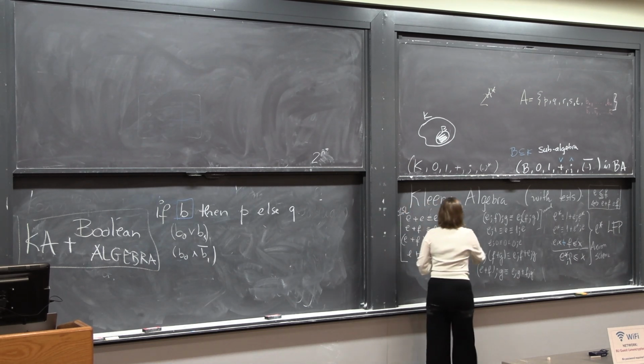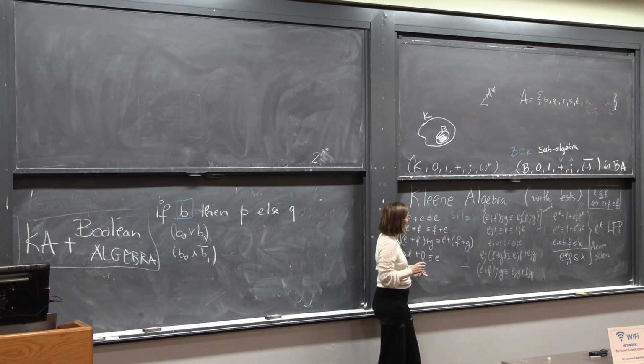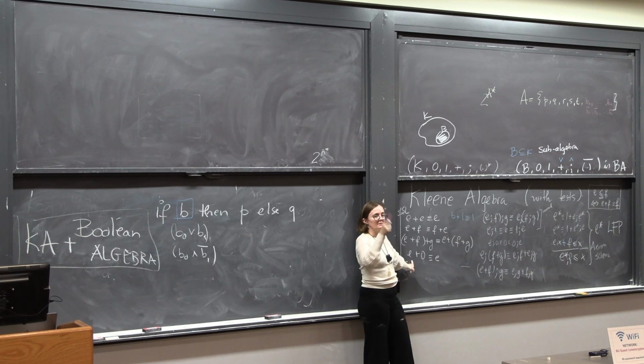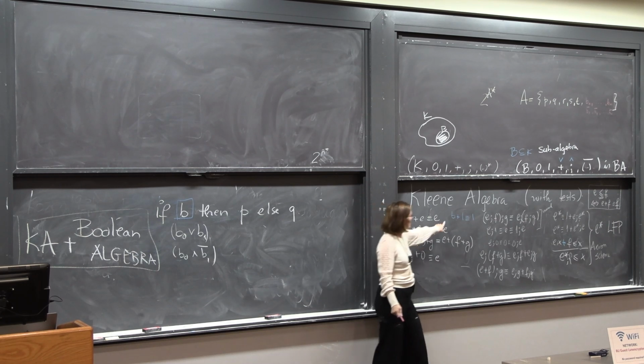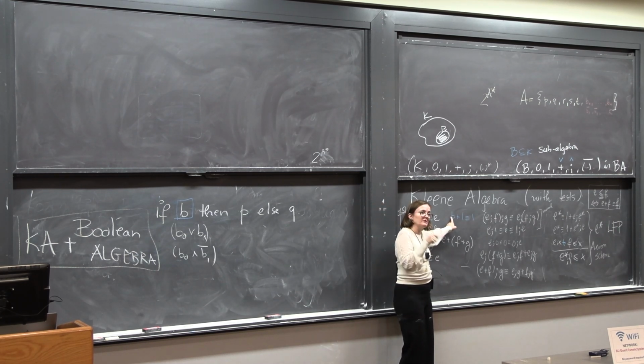True. I'm writing these equations in blue because they are different. Note that the plus 0 here holds, so B or false is B. That still holds from the general equations. But this one only works for things in B.